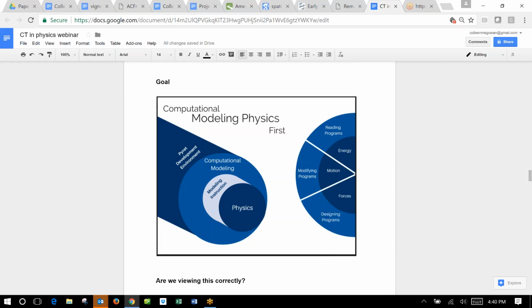I would say the part on the right-hand side, it's a little bit confusing to me. It almost seems like it intentionally is directly linking energy and reading programs and motion and modifying programs and so on. Yeah, I think you're right. That wasn't the message I think you were trying to get across. It's not, although as it happens, the first 3 units that we developed were energy, motion, and forces. And in the energy unit, all they really get to is reading programs.